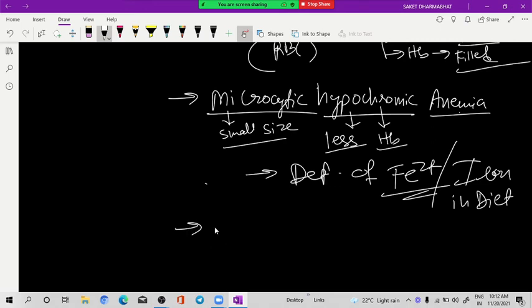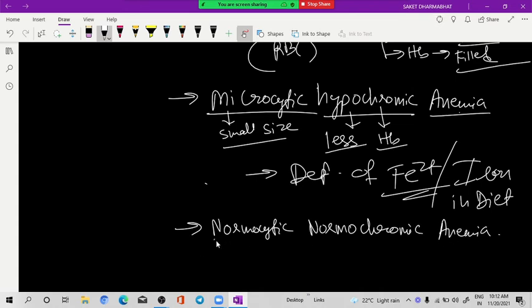And third is normocytic normochromic anemia. Normocytic means what? Size of cell is what? Normal size of cell. Normochromic means what?